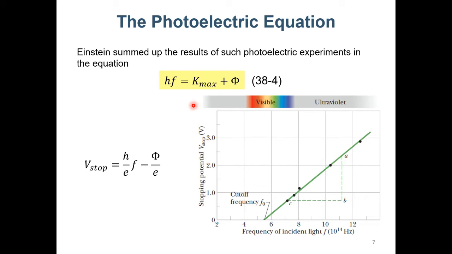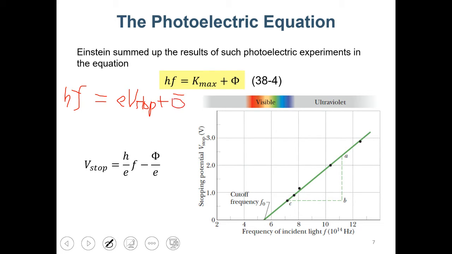And on the first page, we wrote that hf equals K max, which is e V stop, plus phi. So we subtract phi on both sides, and this one cancels.